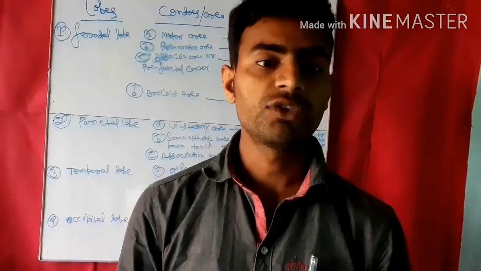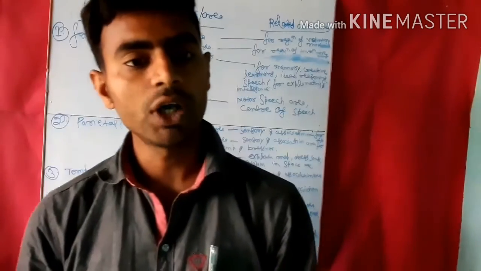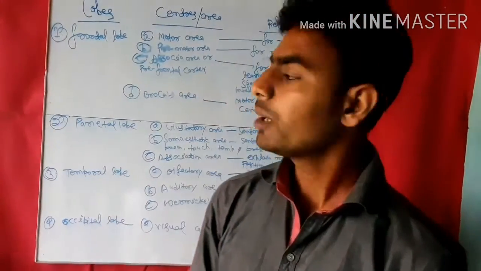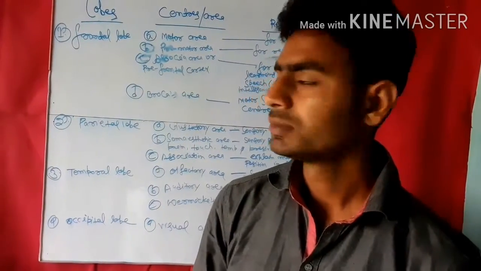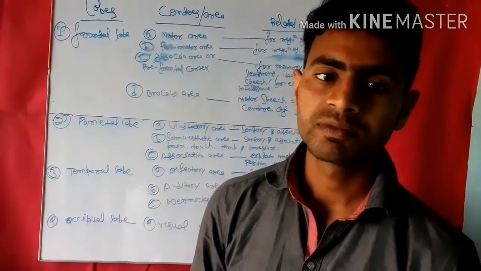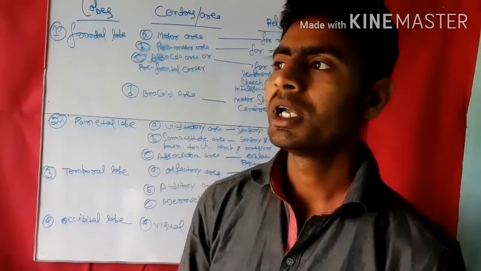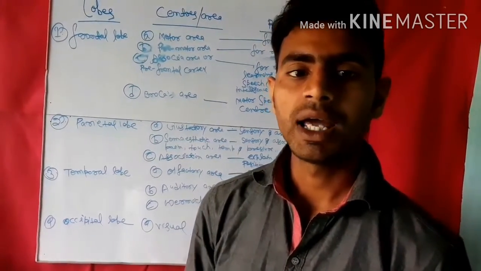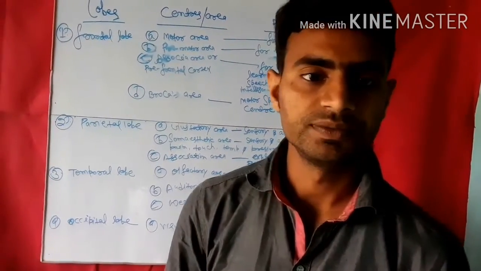That is frontal lobe, parietal lobe, temporal lobe and occipital lobe.